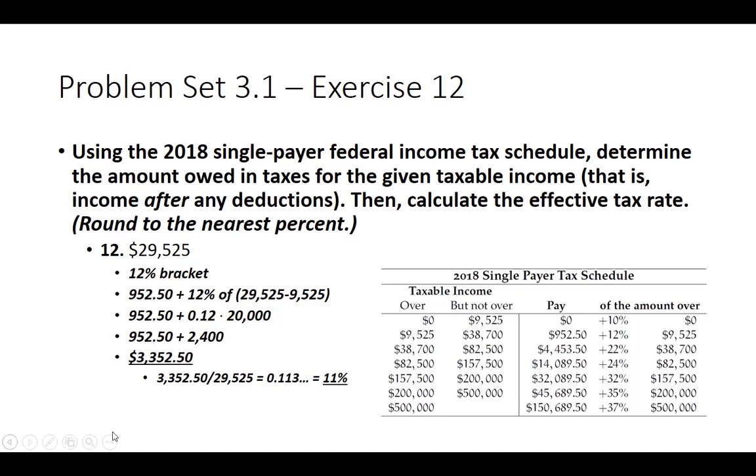To find the effective tax rate, we take that and divide it by the taxable income. $3,352.50 divided by $29,525 is 0.113, and then some more numbers, but we can round that off. You're paying an effective tax rate with this income of 11%.